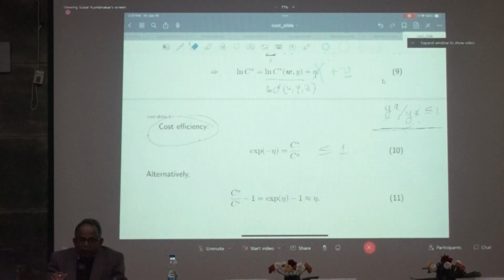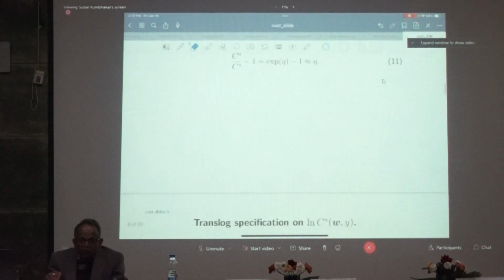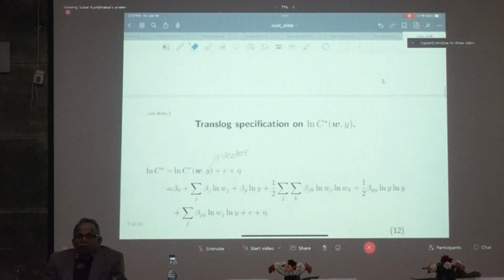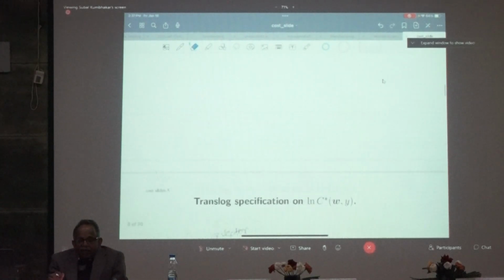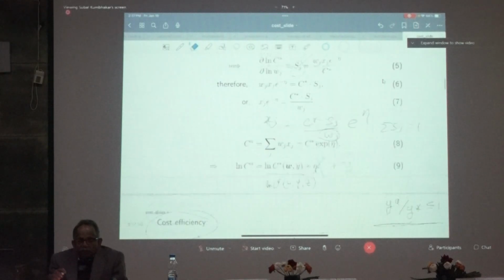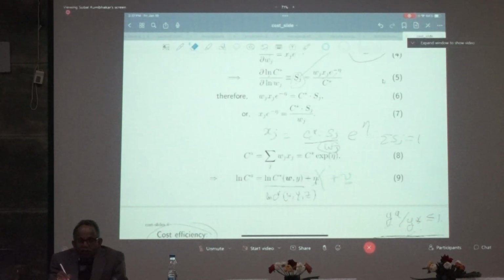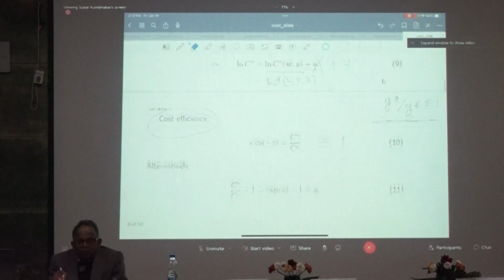Now the question is, how do you specify this econometrically? Because you have to estimate it. We are interested in estimating the parameters associated with the minimum cost function, and we are also interested in estimating cost inefficiency, that means the percentage increase in cost because of inefficiency.